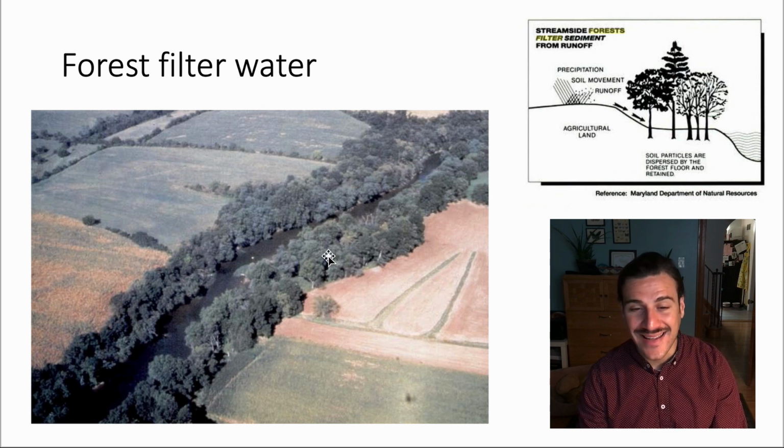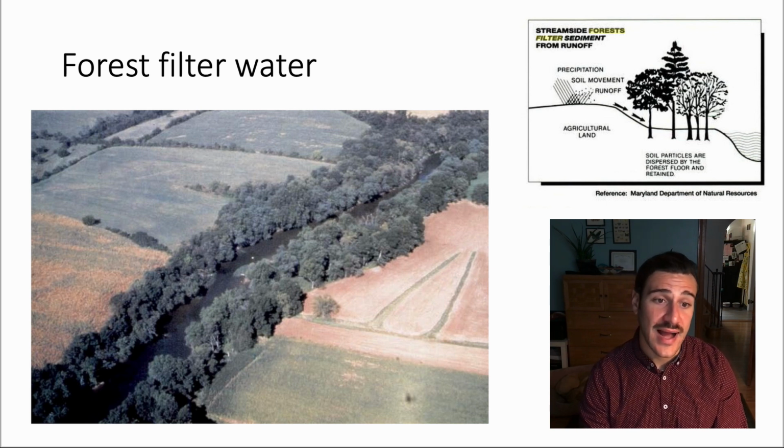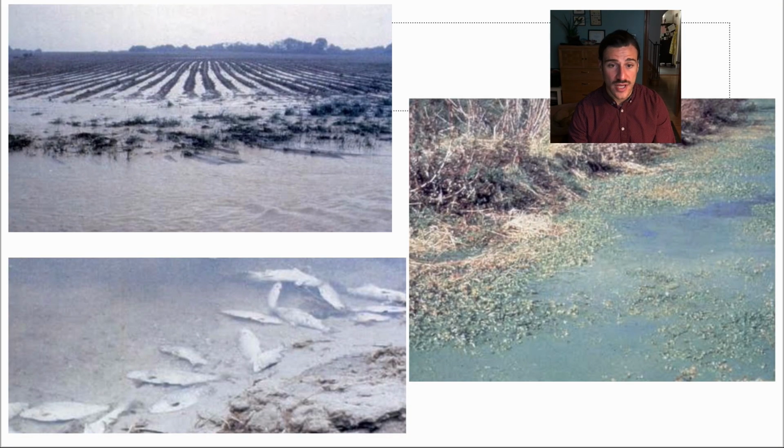So a tiny little forest section that filters that runoff that would otherwise go right into the stream, right? So forests clearly filter water. So not just plant roots, but the fungus that surrounds plant roots, the bacteria living within the soil, all these organisms together filter out water reaching these freshwater systems.